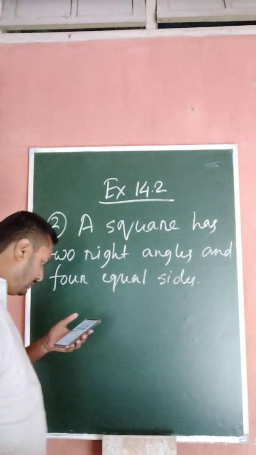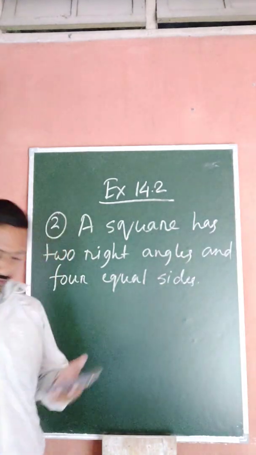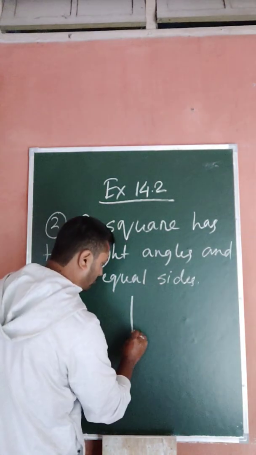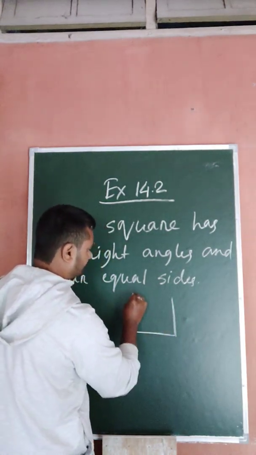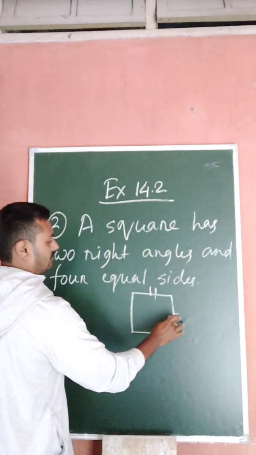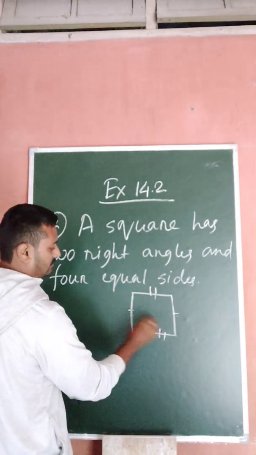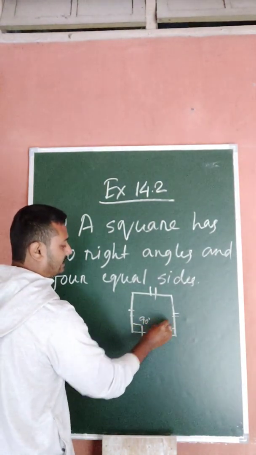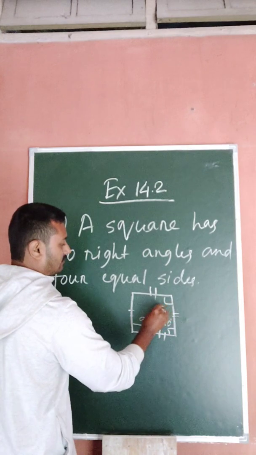So given that a square has two right angles and four equal sides, you have to write true or false. Basically, generally in a square, all the sides are equal, and all the angles are equal, and all are actually 90 degrees.